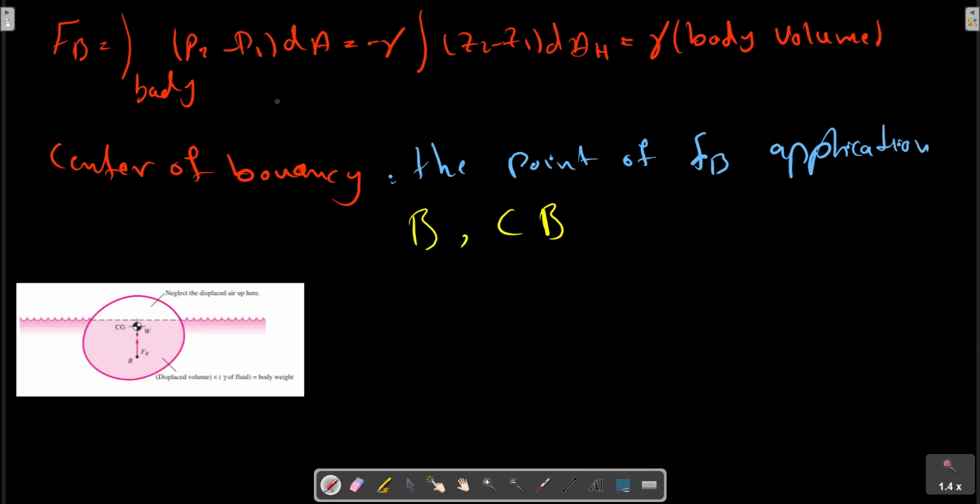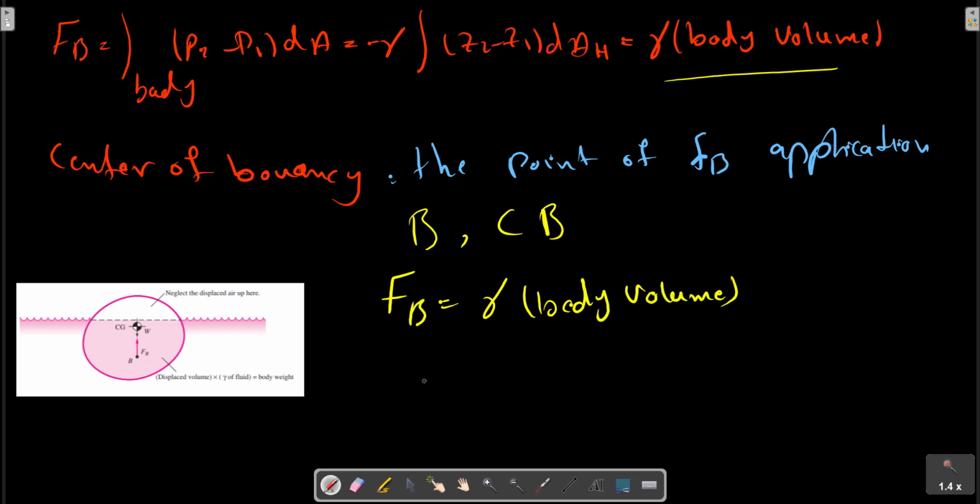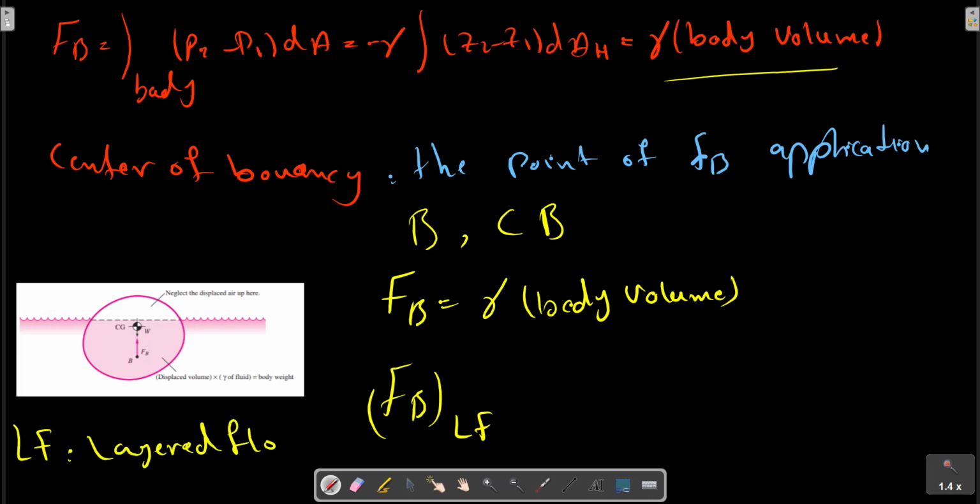The equation previously stated, FB equals sigma, can be expressed as this relation, gamma multiplied by body volume, where gamma is the specific weight, and it can be generalized for various fluids. For layered fluid, FB equals sigma rho g displaced volume.